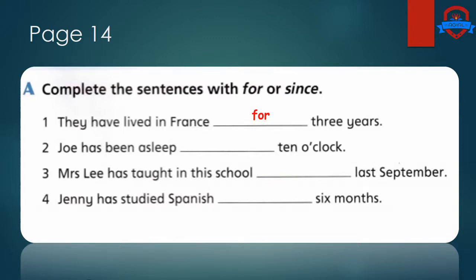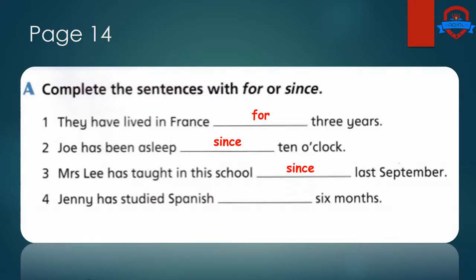Well done. Number 2. Joe has been asleep, space, 10 o'clock. 10 o'clock here is a specific time. So we will write since 10 o'clock. Well done. Number 3. Mrs. Lee has taught in this school, space, last September.